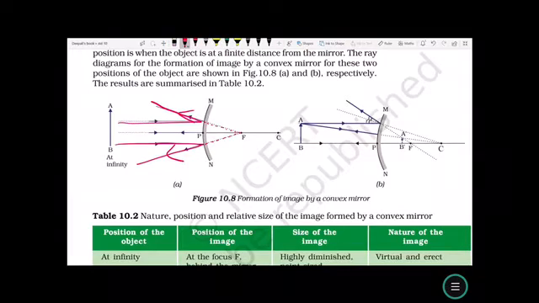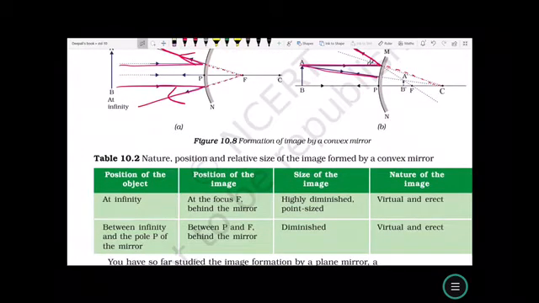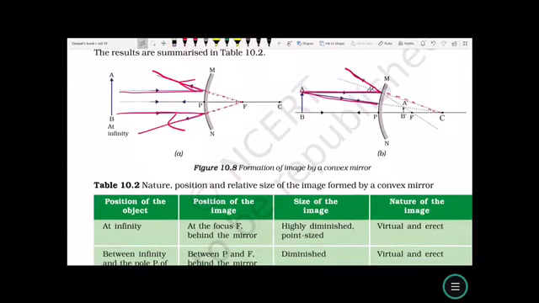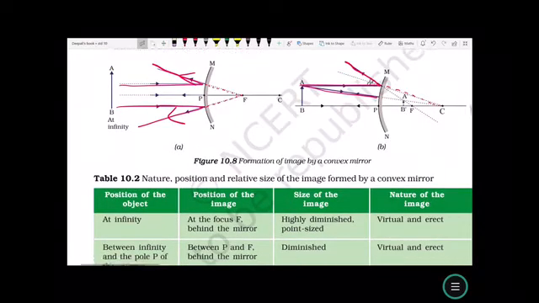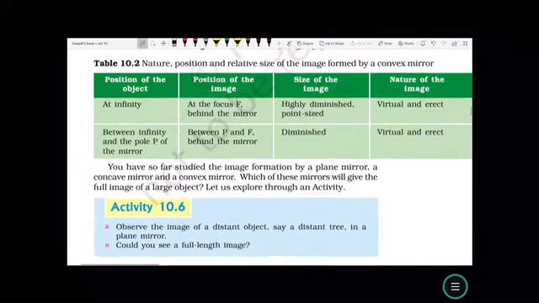Same thing if the object is kept anywhere between infinity and pole, the ray passing parallel to the principal axis, falling on the convex mirror, after divergence, if extended behind, will form the image anywhere between P and F. This is how we understand the image formation for a convex mirror.